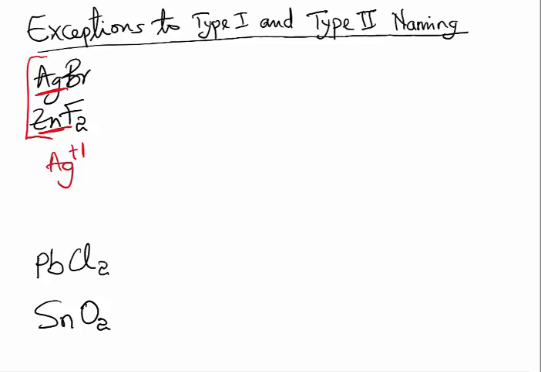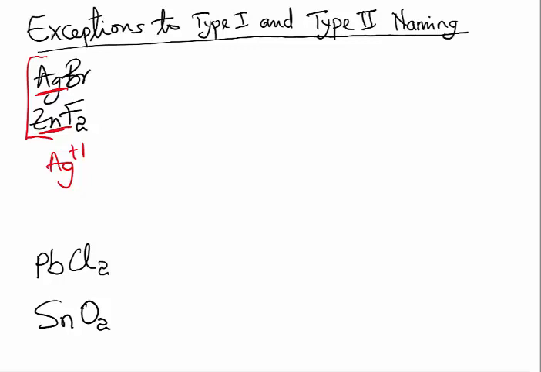It would be the same thing as placing a charge for sodium in a parenthesis. That makes no sense because sodium is always +1. It is from group 1A. So, compounds of silver do not need to have the +1 in a parenthesis.